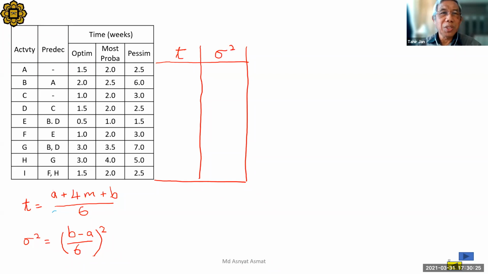We need both information. Which one is A? Optimistic or pessimistic? Optimistic is the A. And then pessimistic is B. And then most probable is M. So we have this information.